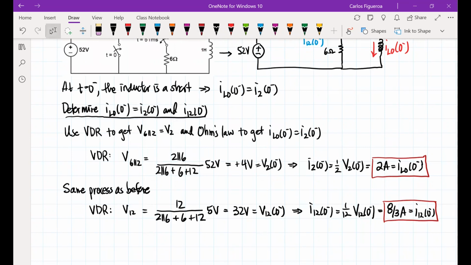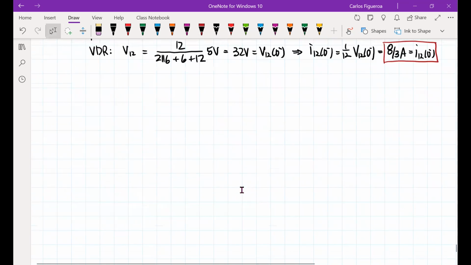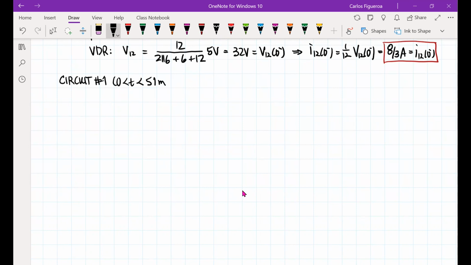Now that I have my initial conditions, I'm going to throw the switch. So now my switch is thrown and I have a new circuit. I'm going to call this circuit number 1, and this is between the time interval 0 and 150 milliseconds.